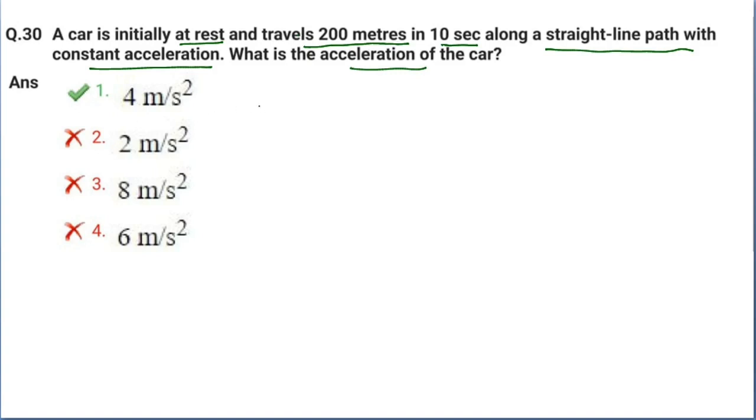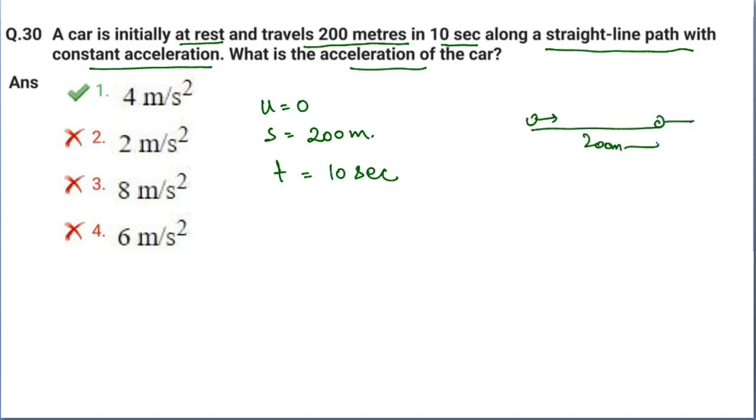A car is initially at rest, that means u is equal to 0, and travels 200 meters in 10 seconds. Let s is equal to 200 meter is given in 10 seconds, that is t is equal to 10 seconds in a straight line path, from this to this, and this is 200 meter. Then with constant acceleration, so what we will find? We have to calculate a.